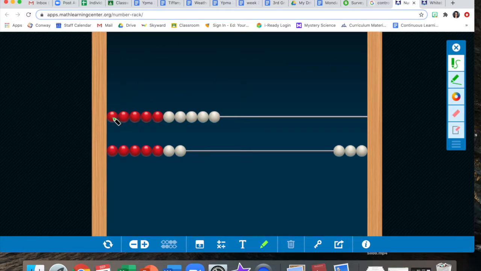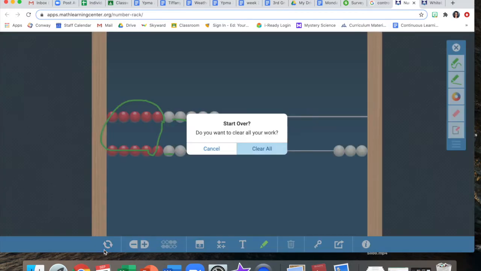You might see 10 and then 5, 6, 7, or you might see it as 10 and 5, 6, 7 more. But either way, it's 17. Reset this.